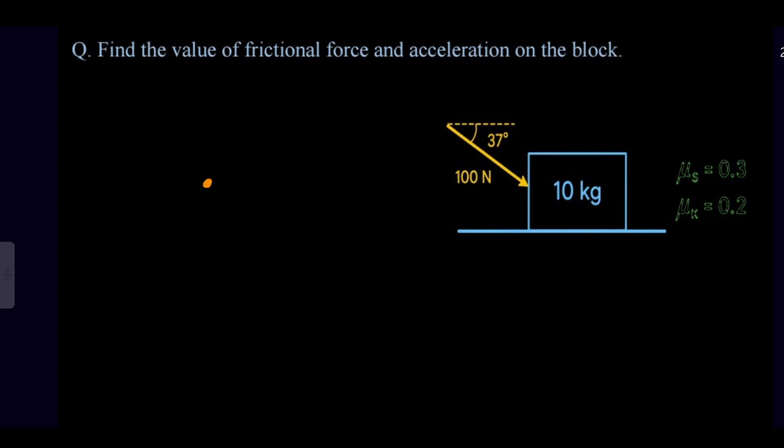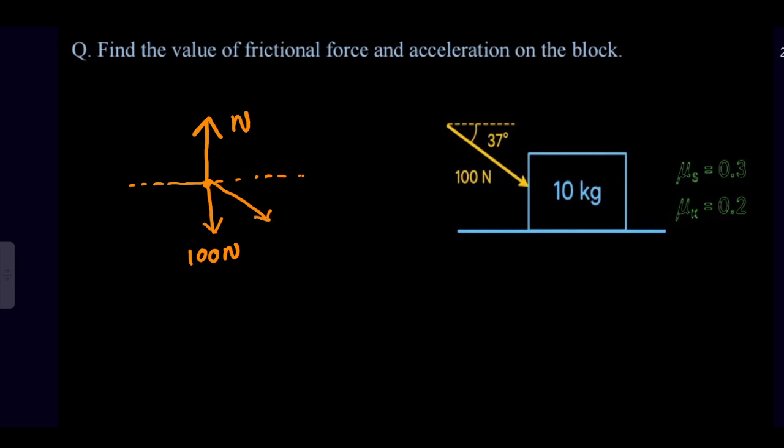So the weight of the body. Tell me now, in the downward direction, how much is the value? That is 100 newtons. And the normal reaction is in the upward direction. And next, what else here? We can consider this as the x-axis. Some force is applied like this.